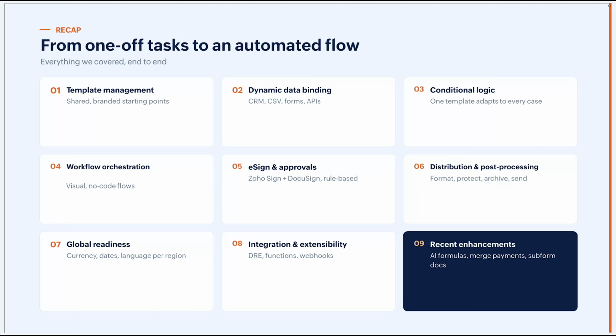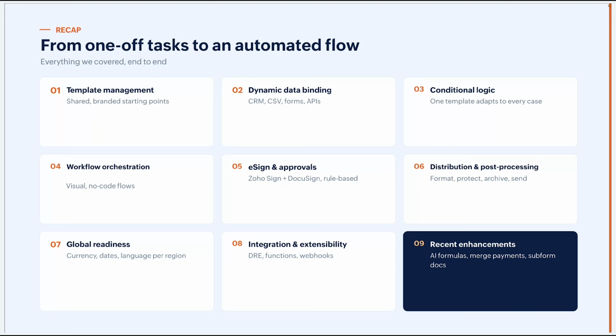And after that, we stepped into workflow orchestration without code, showing how business users can visually design end-to-end flows. And then we looked at automated e-sign and approval workflows, integrating Zoho Sign and connecting to other tools wherever needed.